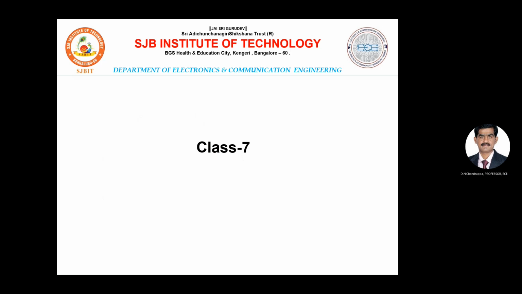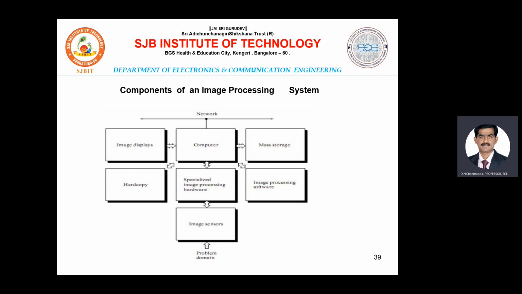Today's session, I am going to explain about the image processing system, or the components of an image processing system. The purpose of this topic is that if you want to process any image, some components are required.